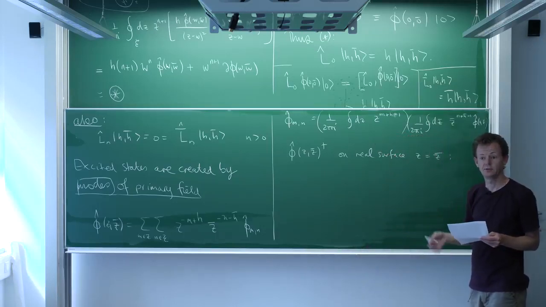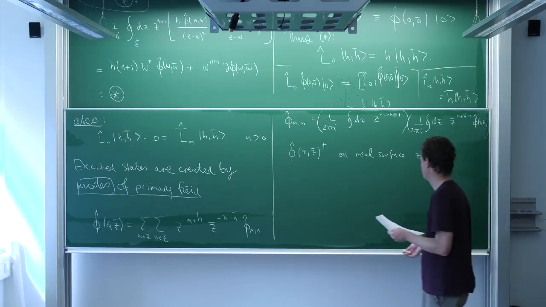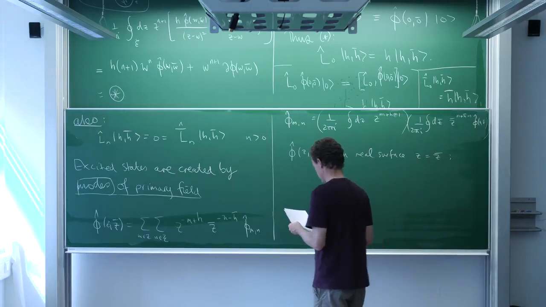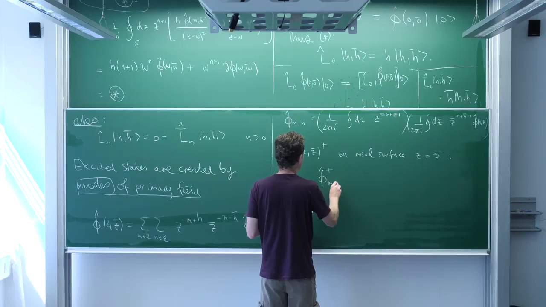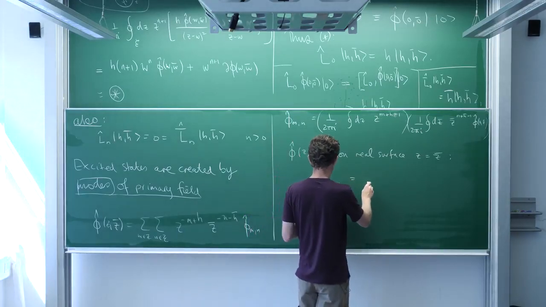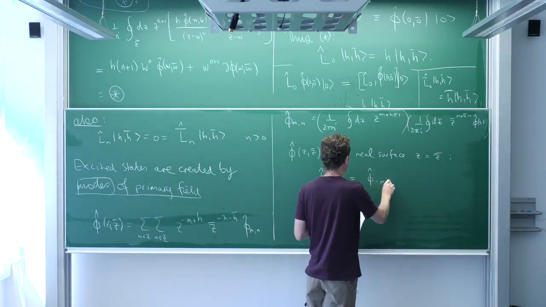And then our definition of the Hermitian conjugate, that peculiar definition we introduced, is implemented on the real surface where z equals z bar via the definition phi dagger mn goes to phi minus m.